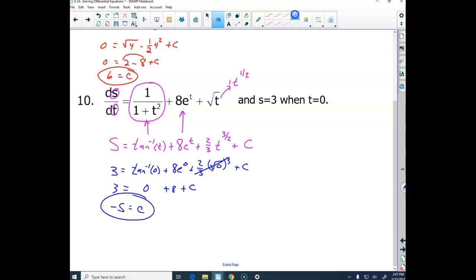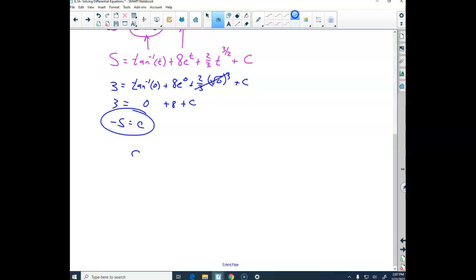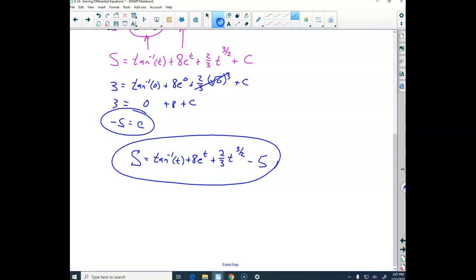If c is -5, that means the function from which this was derived, s, equals the inverse tangent of t plus 8e to the t plus 2/3 t to the 3/2 power. You don't have to write square root of t cubed if you don't want to. And that's not plus anything, that's -5 this time because c was -5. And there's my function.